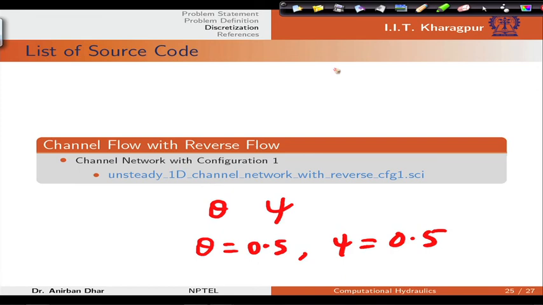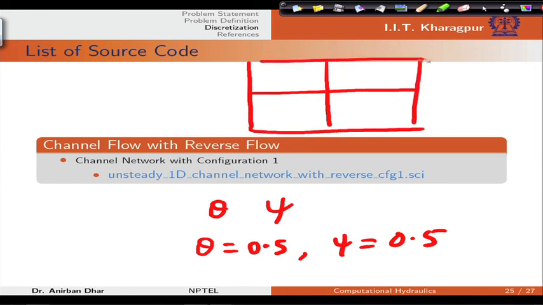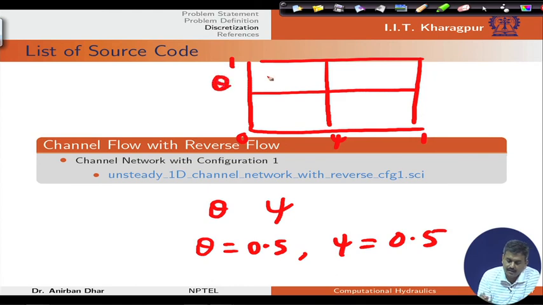So, obviously, as per literature, if I start theta and psi from 0 to 1, 0 to 1 in this case, if this is my psi and this is theta, then obviously this part is the unconditionally stable part.